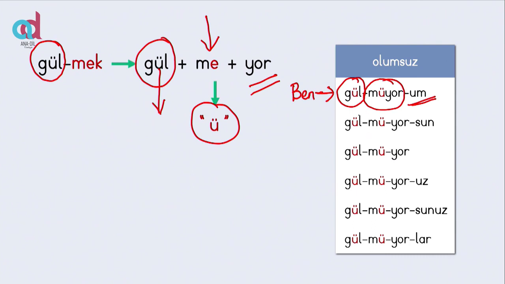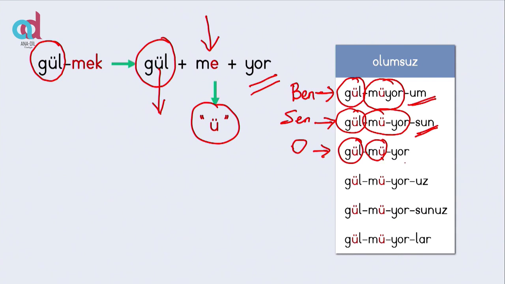The second question. Who is gülmüyor? Kim gülmüyor? Sen gülmüyorsun. This one is the suffix for you. O gülmüyor. There is no suffix for o.